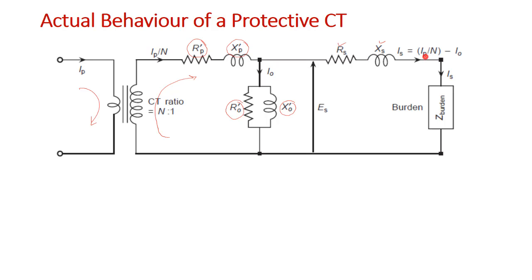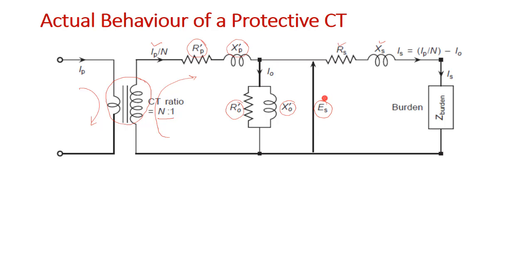Now if you see the current with CT ratio n is to 1, because this will act as an ideal transformer, the current here will be IP by n, and your magnetization current IO will depend solely on ES, right?